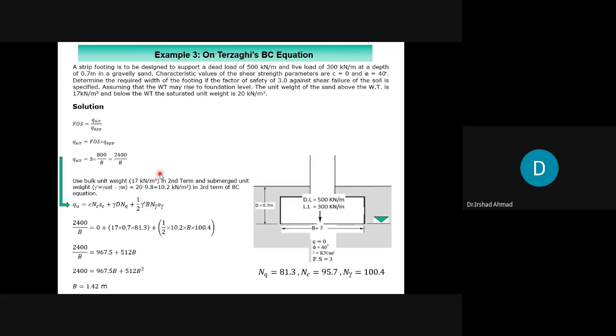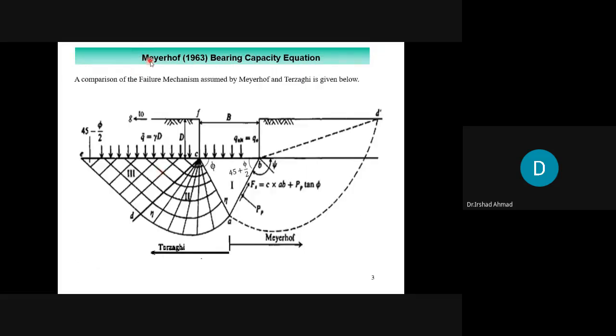Now we will move on to the Meyerhof bearing capacity equation. The Terzaghi bearing capacity equation had some limitations in that it is applicable only to vertical loads. Vertical loads which have no eccentricity, which have no inclination.